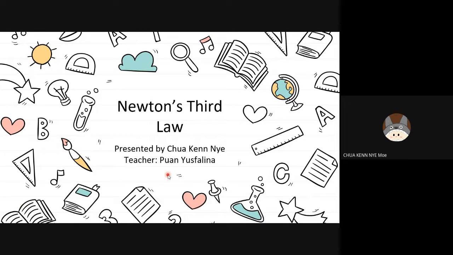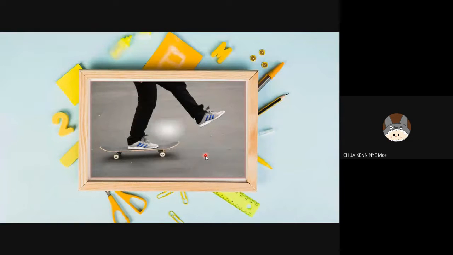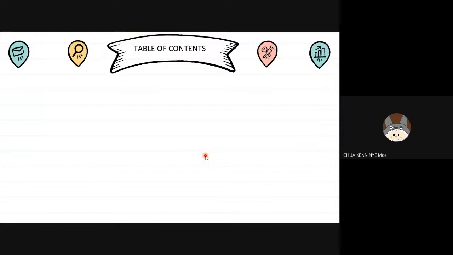A very good afternoon to Puan Yusfalina and to all my friends. My project's main topic is Newton's third law, and the product that I'll be making is a mentor skateboard. Here is my table of contents for the whole PowerPoint.